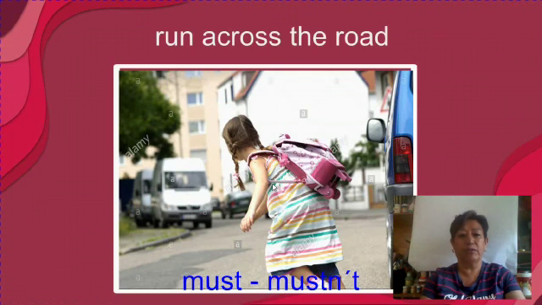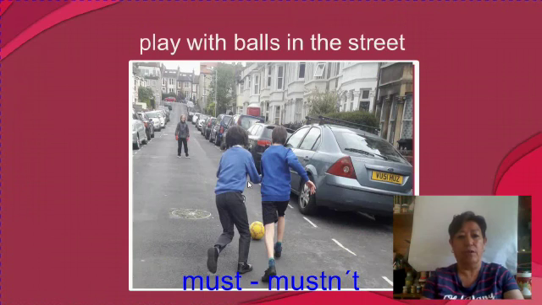Here we have some examples. Run across the road. You must or you mustn't? You mustn't, exactly, because if you run across the road, you may have an accident. Play with balls in the street.